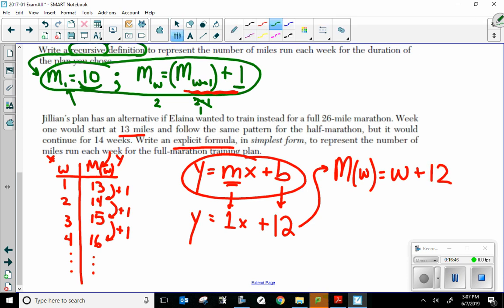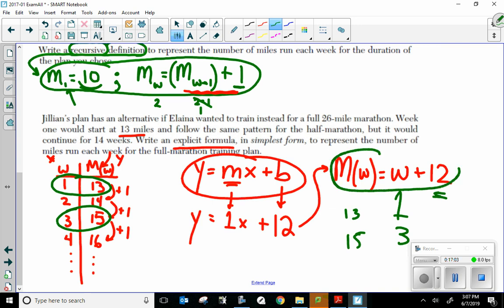If my week was 1, 1 plus 12 should give me 13, right? Week 1, 13 miles. What if my week was 3? 3 plus 12 should give me 15, right? 3, 15. So it works every time. This is your explicit formula. It is an equation. Bam.